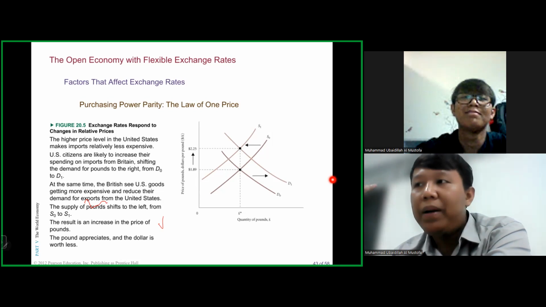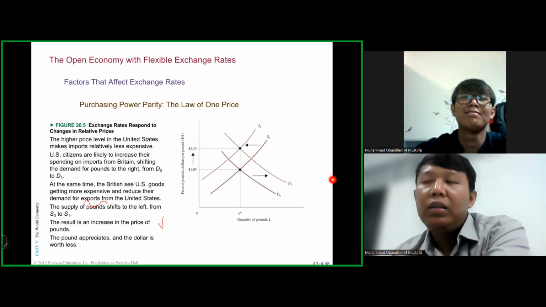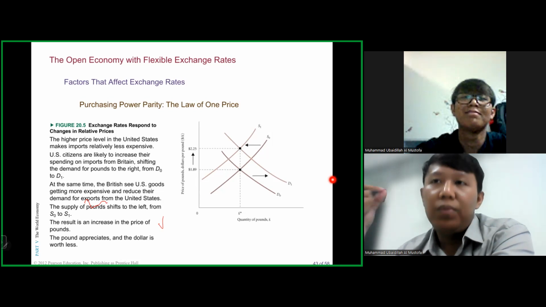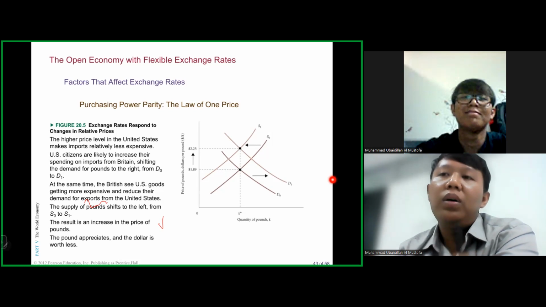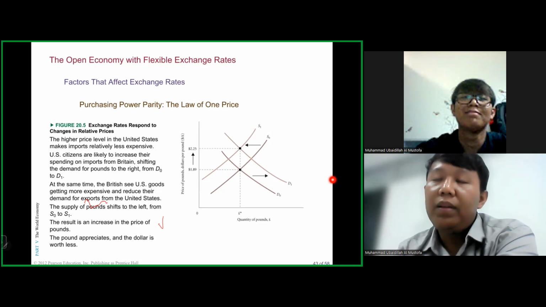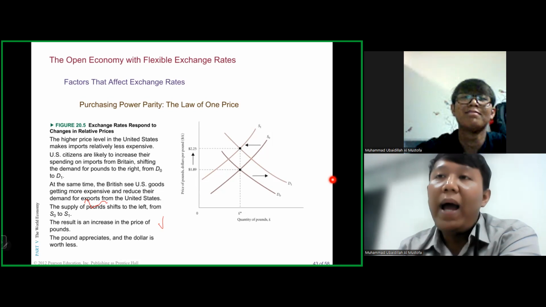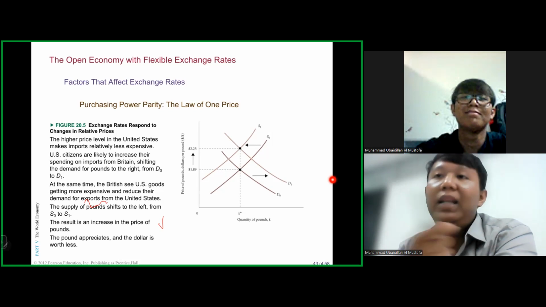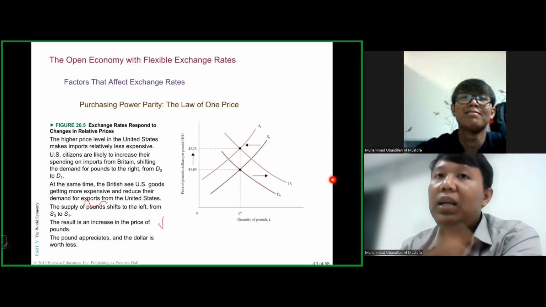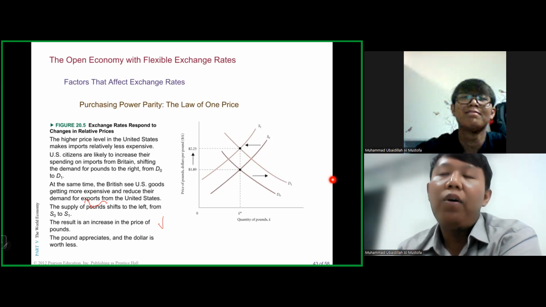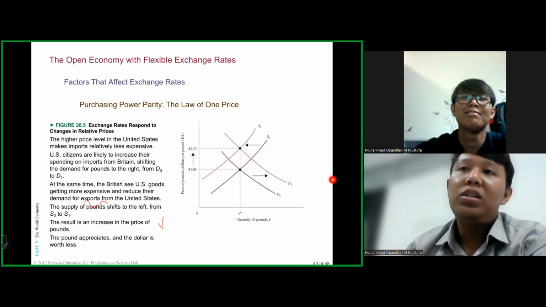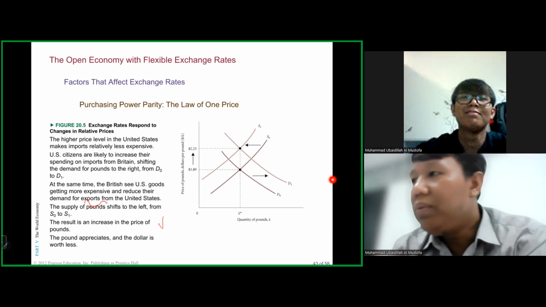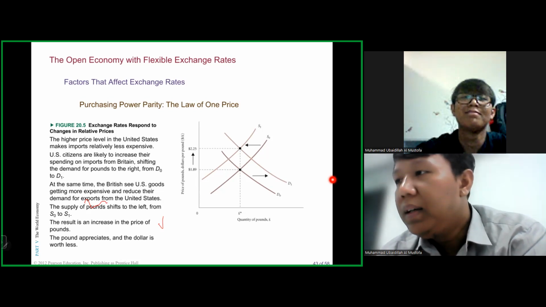Once this happens, nobody wants to buy US goods, nobody demands US goods, so the supply of pound will shift to the left, from S0 to S1.